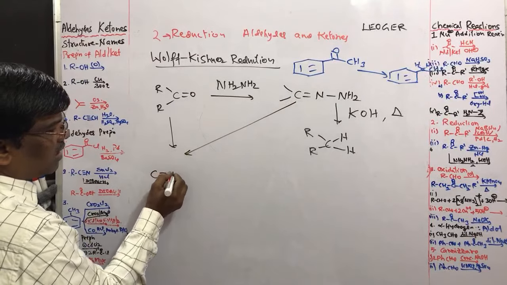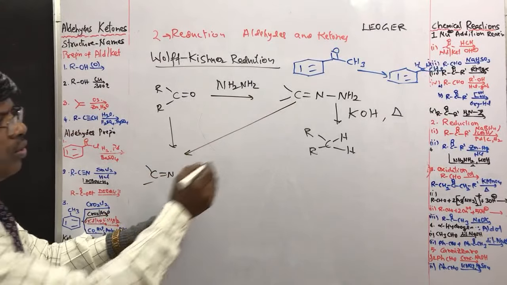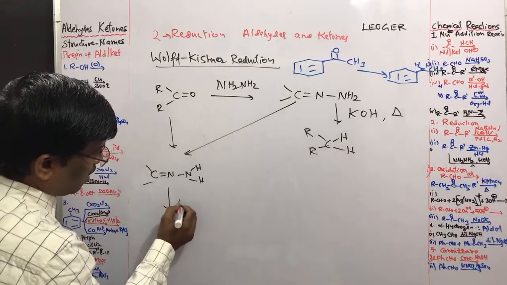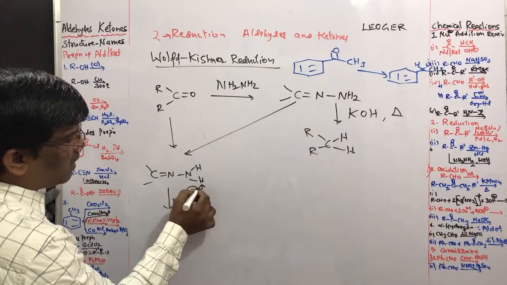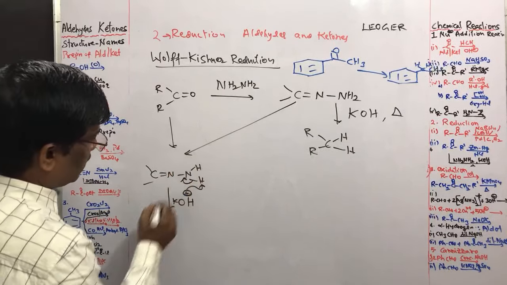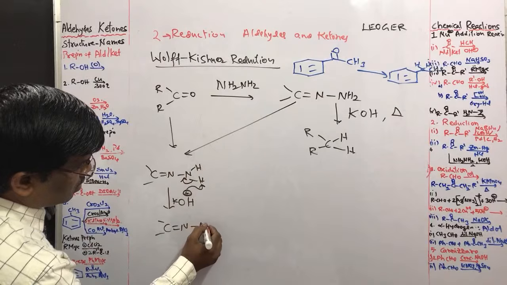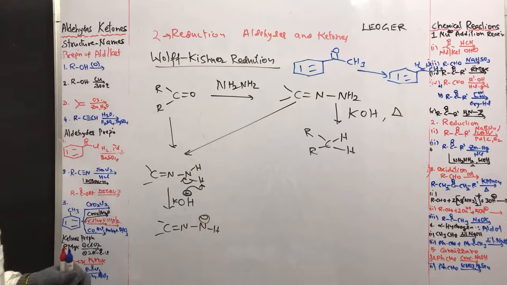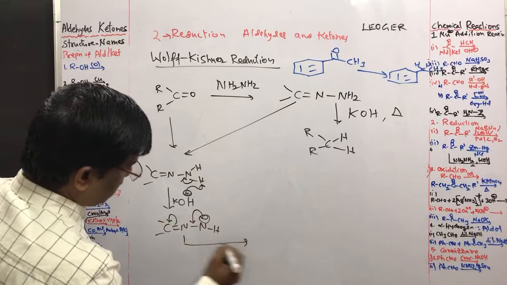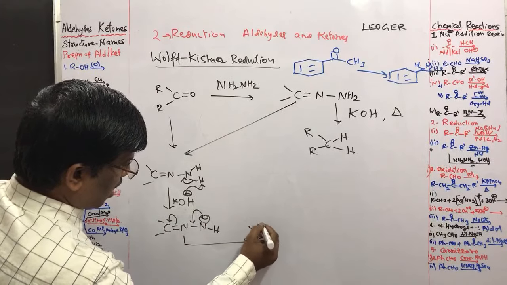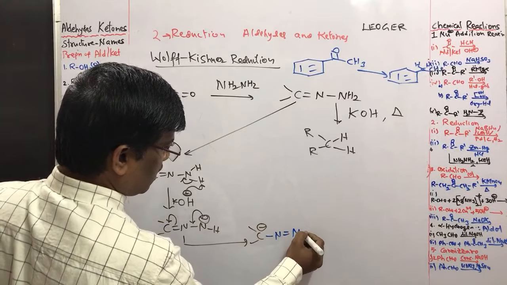These hydrogens are acidic enough to be taken up by base. So OH- takes a proton from this nitrogen to form nitrogen minus, and this nitrogen minus comes here, carbon minus, this is N, double bond N and hydrogen.